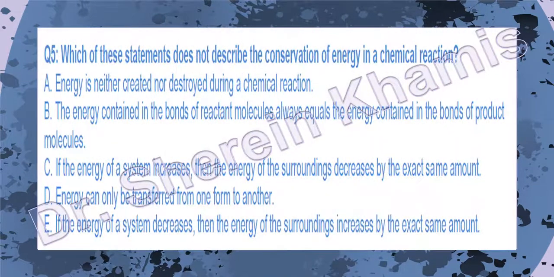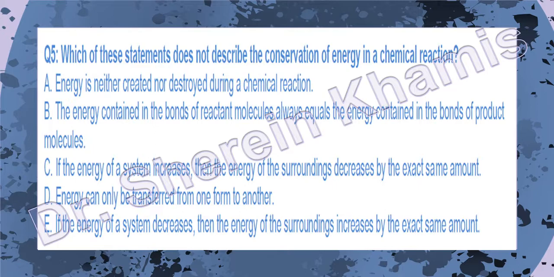Question 5 says: which of these statements doesn't describe the conservation of energy in a chemical reaction? All of these can express the conservation of energy law, but one of them does not. We want the wrong one. Energy is neither created nor destroyed during a chemical reaction. Yes, it's right about the conservation of energy.